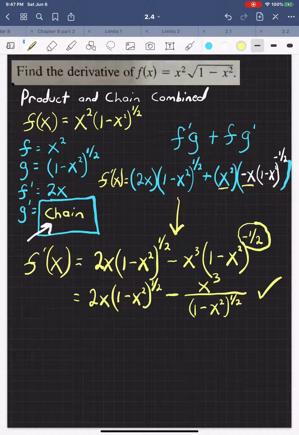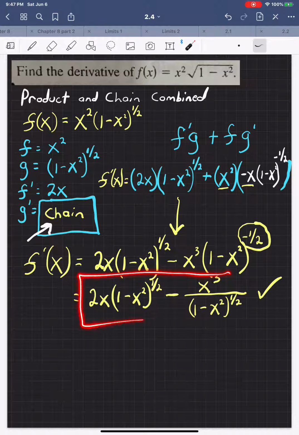If I'm you, I would practice combining those, because I could easily take this same question and state it as, what points would the derivative equal 0, or when would the derivative not exist? And that would force you to combine your two terms. So it probably is a good idea.